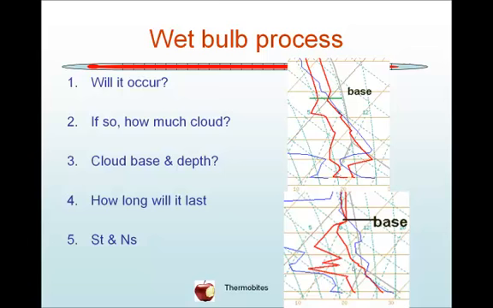Again, cloud base and depth, it comes down partly to preferred values and experience. But the heavier the rainfall, the more intense the rainfall system is, then more likely the lower the base is going to be. But again, it becomes a part not just of assessing the rainfall potential, but also the boundary layer and how close it is to saturation. And then the issue of how long the cloud will last will depend upon things like, what is the dew point depression?